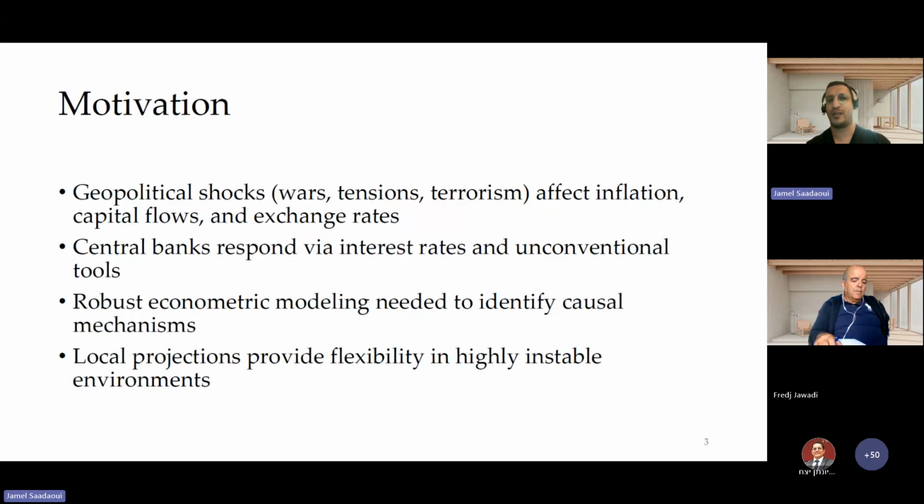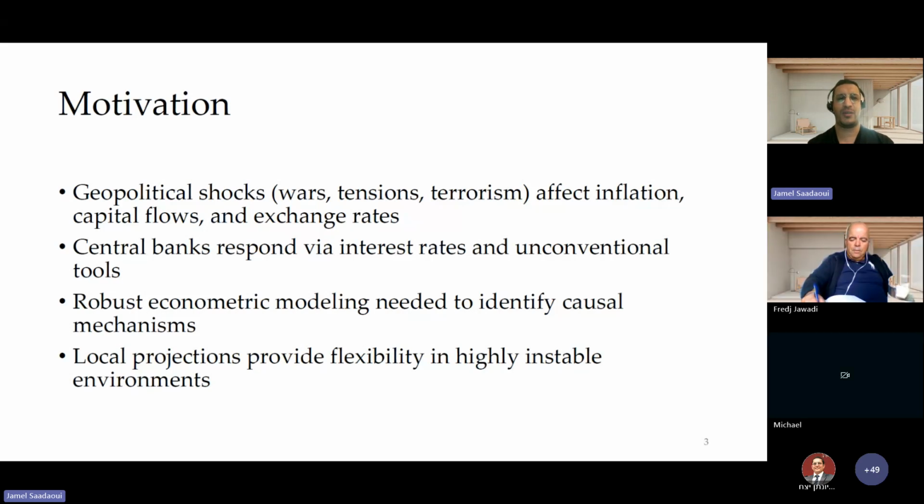You don't have the right number of lags, you have omitted variables, you have non-stationarity, and so on. So for applied economists like me, who are interested in estimating this dynamic causal relationship, local projection seems to be flexible, especially in a highly unstable environment where non-linearity and state-dependent effects are the rule and linearity is the exception.